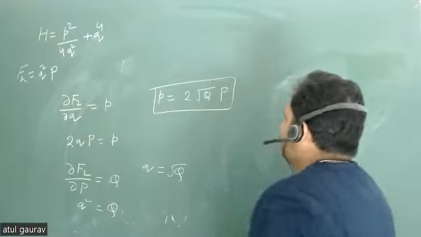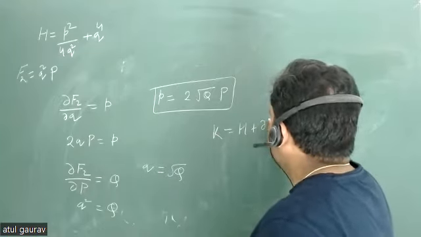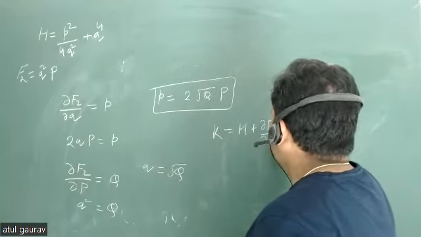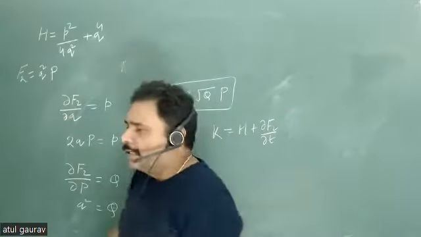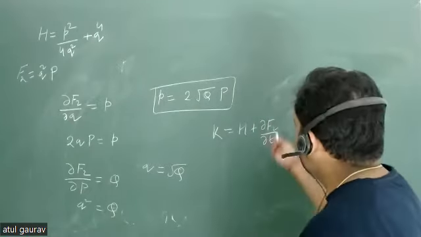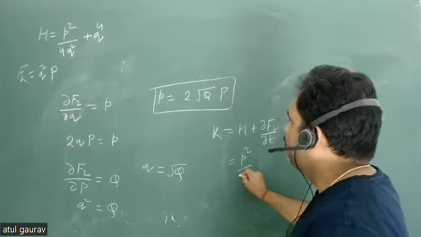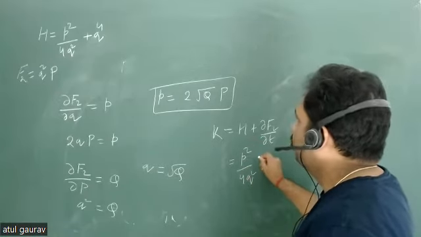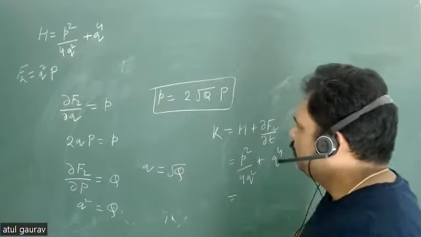Now put it here. What is your K? K is equal to H plus del F2 upon del t. And you are very lucky that this F2 is not a function of time. So this part is 0. So you have basically p square upon 4q square plus q to the power 4. Now put p square here.